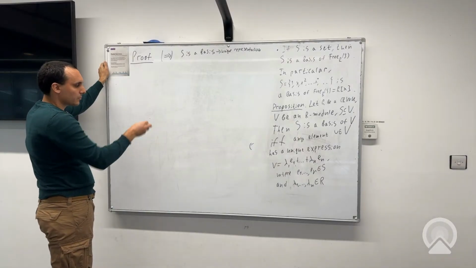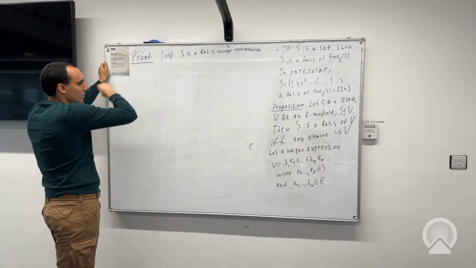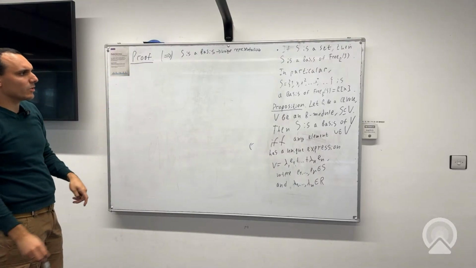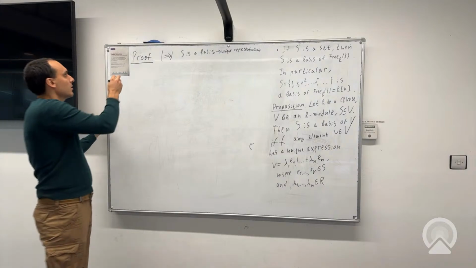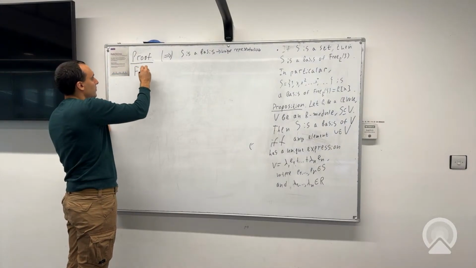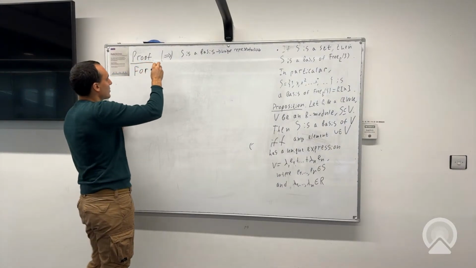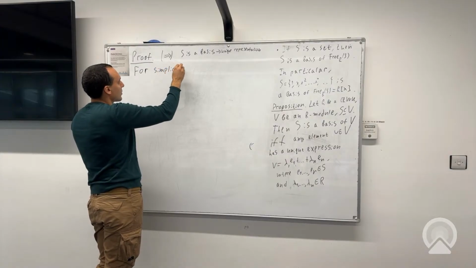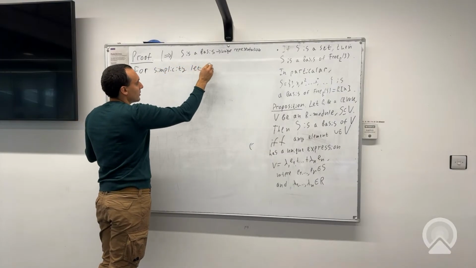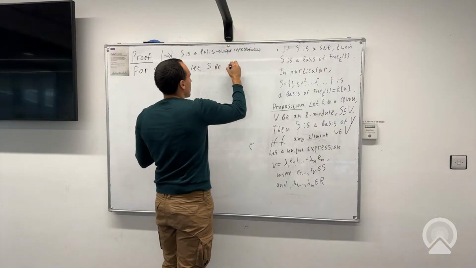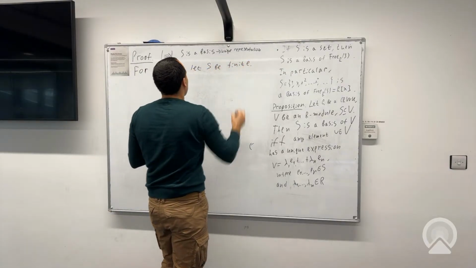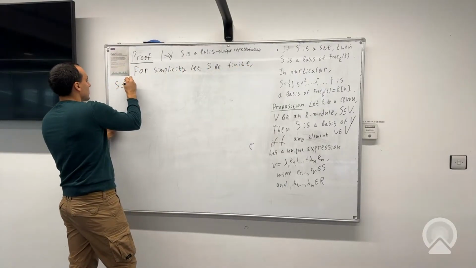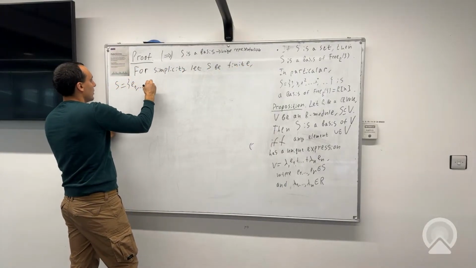For simplicity, I will assume that S is finite. Not that it's much different, but anyway, we are mostly interested in finite dimensional spaces. So let S be finite, and write it this way: S equals {e1, ..., en}.